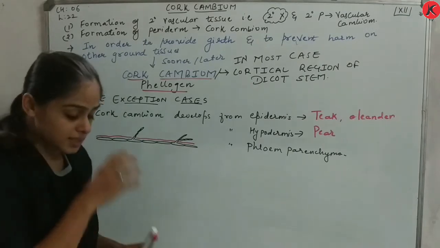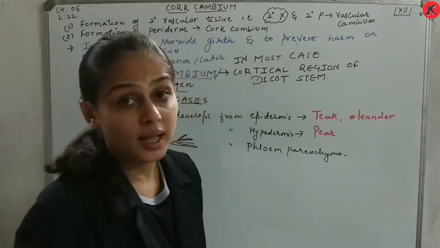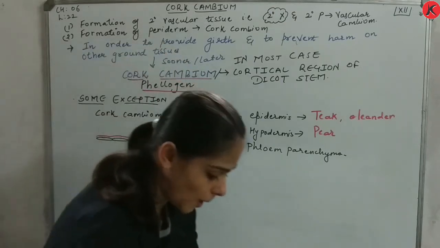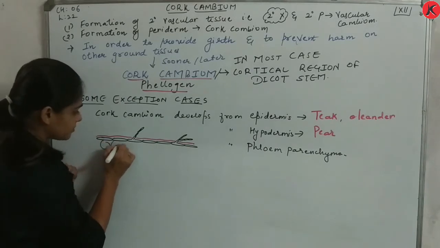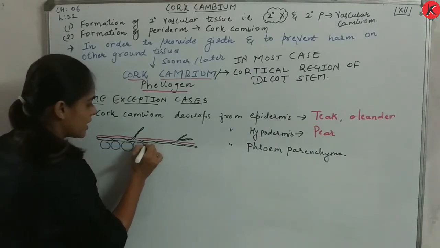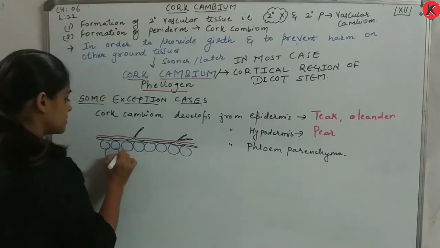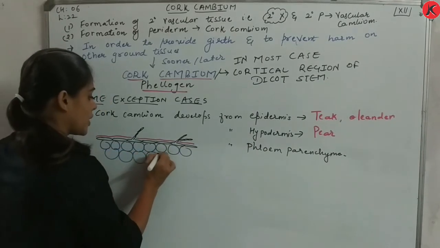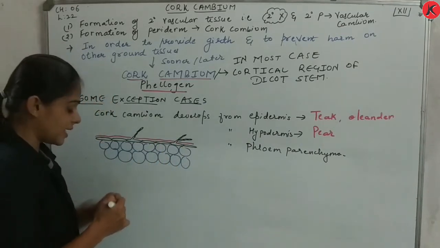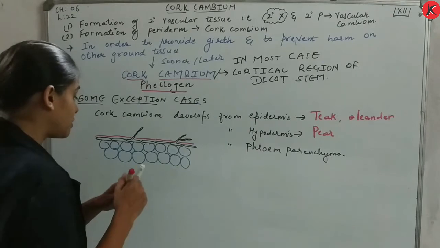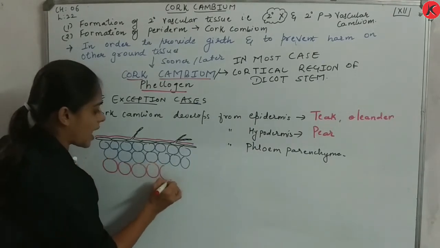Okay, dear students, this cortical region in case of dicot stem is differentiated into 3 layers, जैसा कि मैंने आपको बोला था. So let's draw the same. Right? So this is your hypodermis. Let me draw it very quickly. ये hypodermis है, right? फिर कौन सा layer आएगा आपका? Then with red color I am representing your general cortex. ये क्या है?